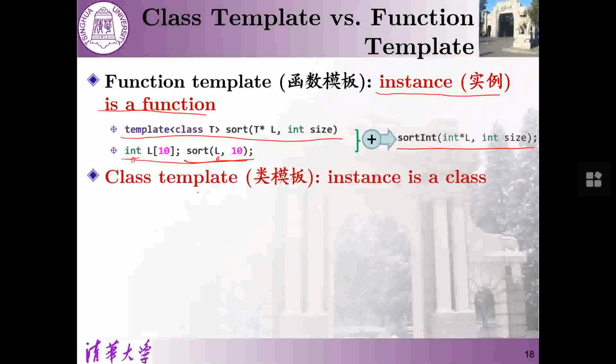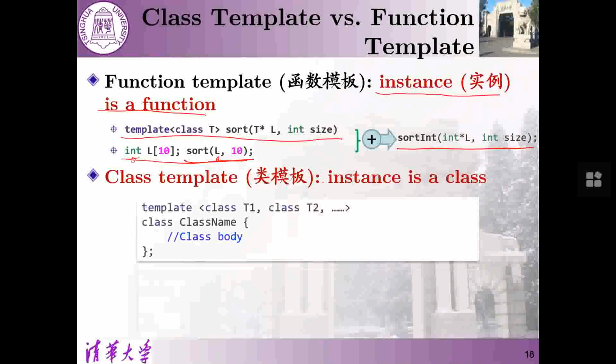And for a class template, an instance of a class template is a class. So when we define a class template with this class name, then we can use the class name with some type, for example int, float.